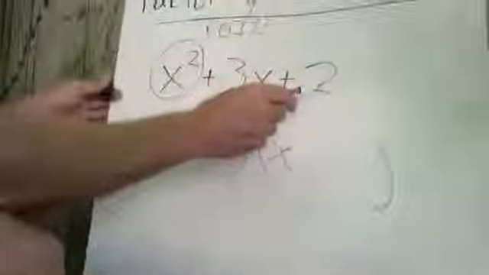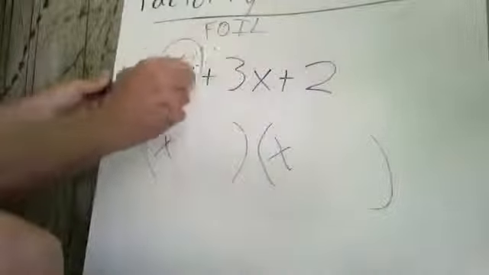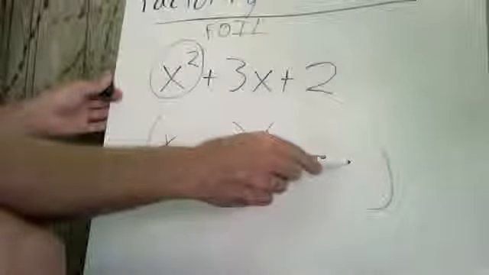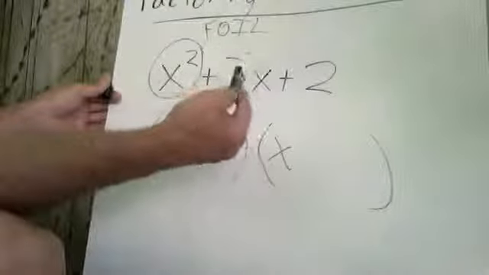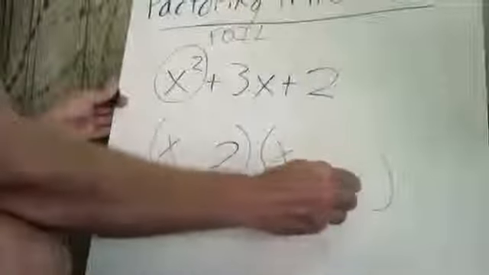The last term, likewise, was a product of the two last terms of the binomial. And so if you look at 2, the factors of 2 are going to be 2 and 1. So we don't have a lot of choices here. 2 and 1.